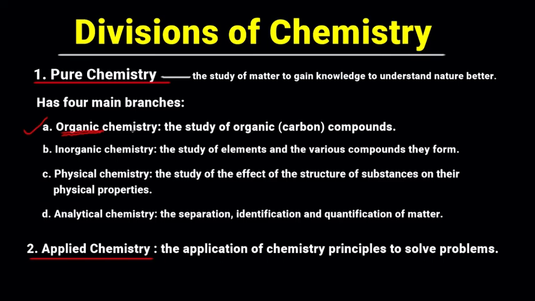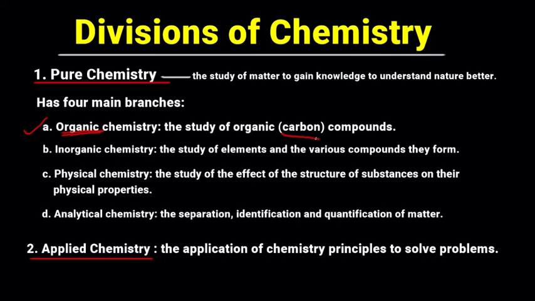Now, in natural chemistry, we are studying natural compounds. And what are natural compounds? Remember, natural compounds are also called organic compounds. Now, organic compounds or natural compounds are simply compounds containing predominantly carbon.